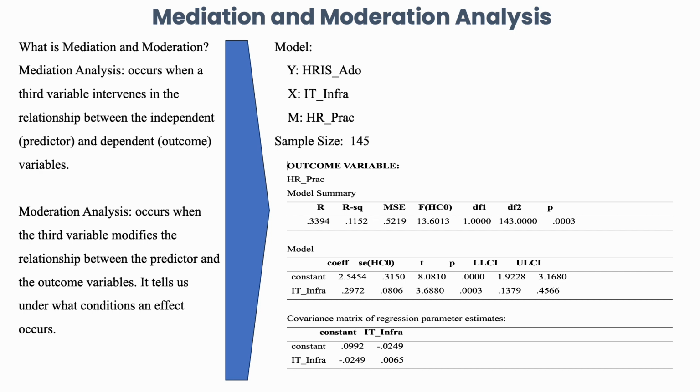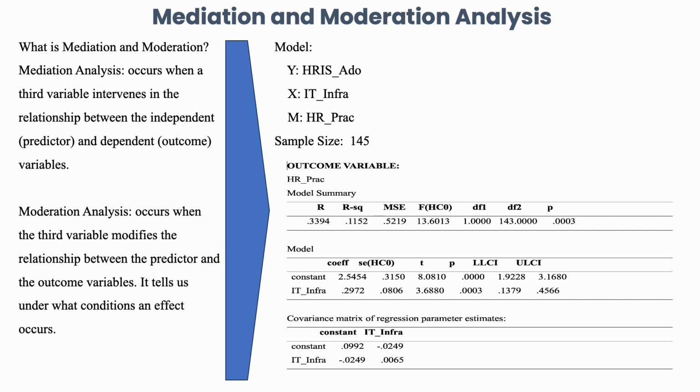When we look at the outcome variable of HR practice, the model summary shows that the relationship between the predictor variable, which is IT infra, and the mediator variable, which is HR practice, explains 11.52% of the variance in HR practice.